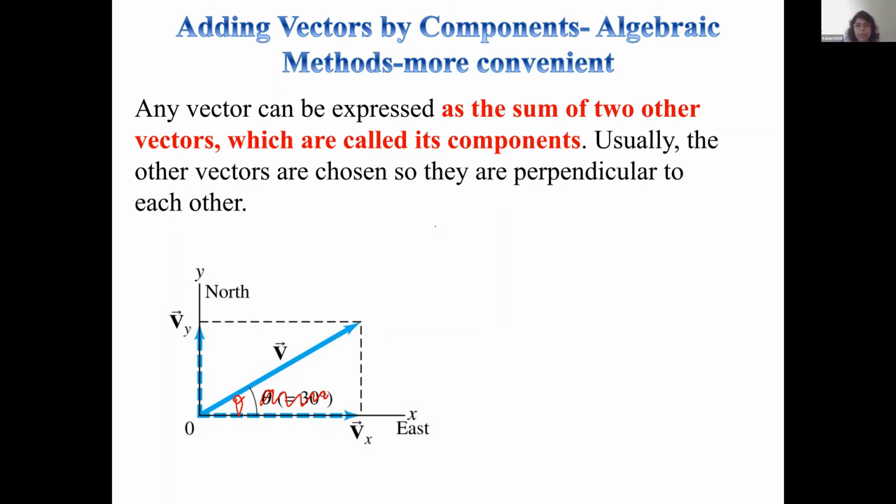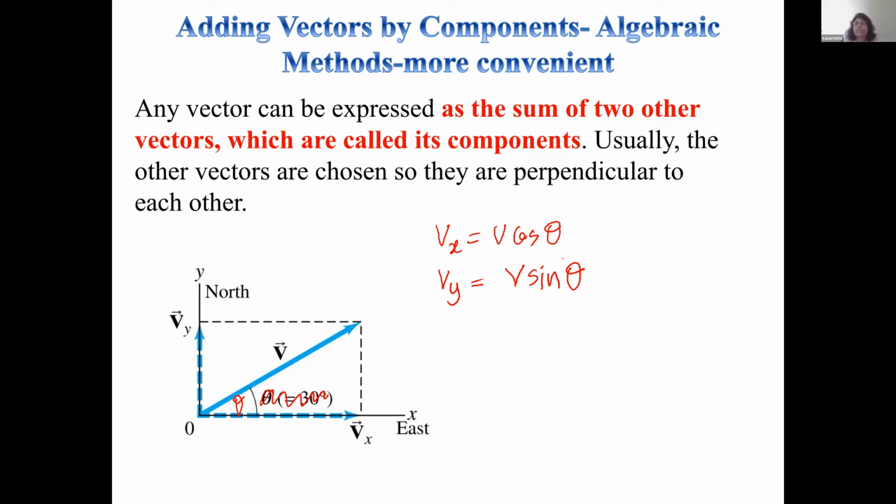So when you go to Vx, Vx is actually the adjacent side of this rectangle. That means hypotenuse times cosine of theta is Vx, and Vy is V, the hypotenuse, times sine of theta, which will be the y component if this angle is given.